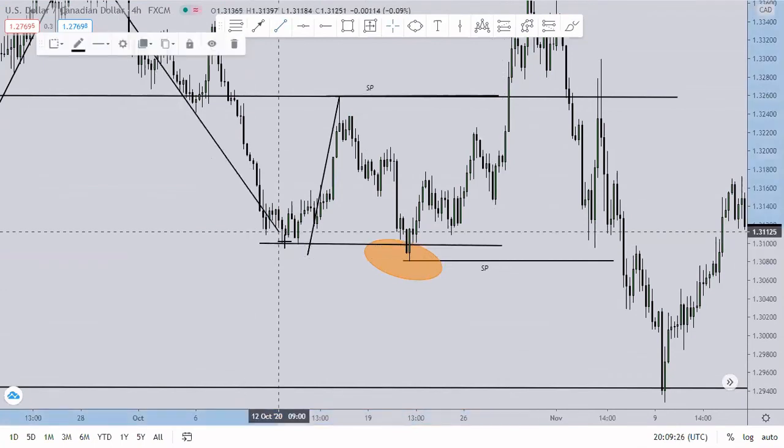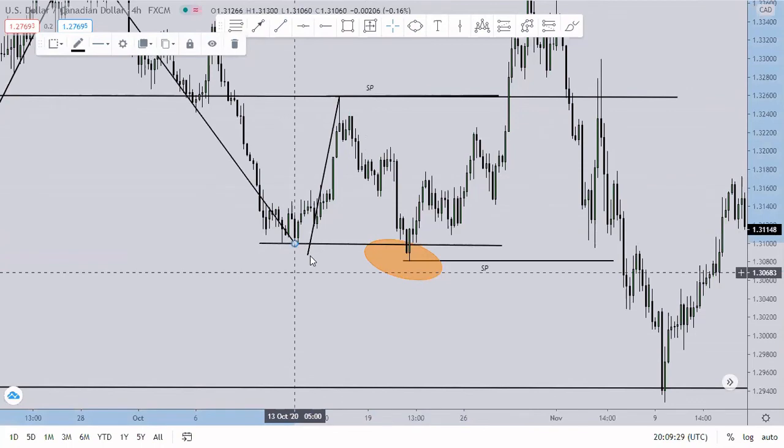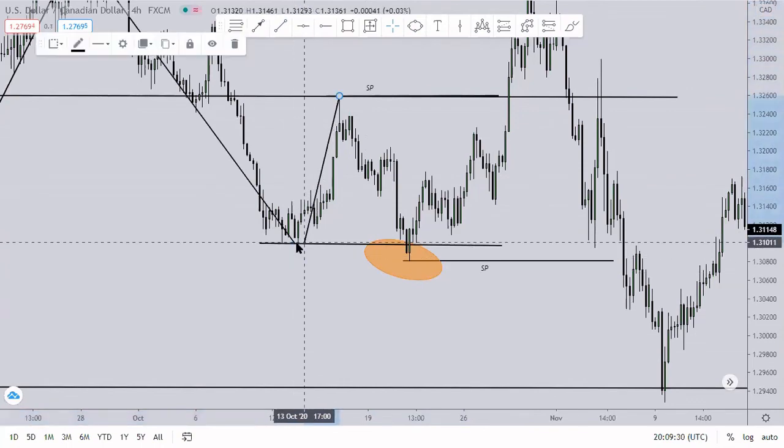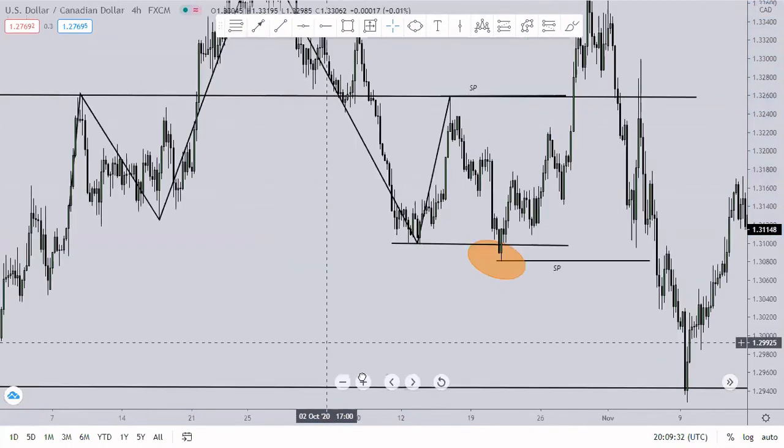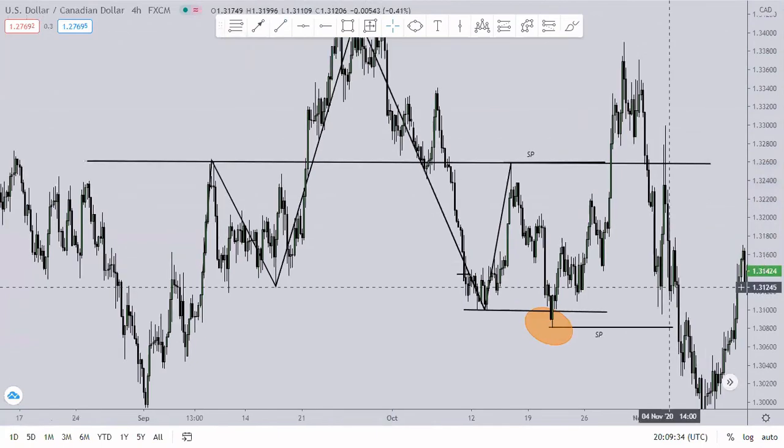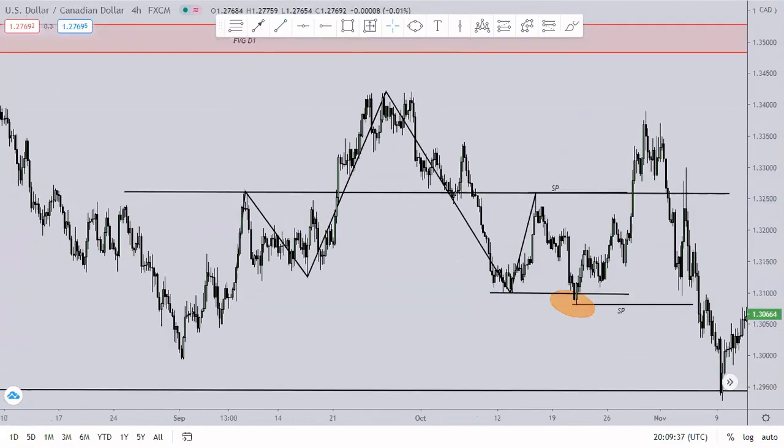I'll zoom out again so you see something. So look at what I'm talking about. This is a nice Quasimodo level.